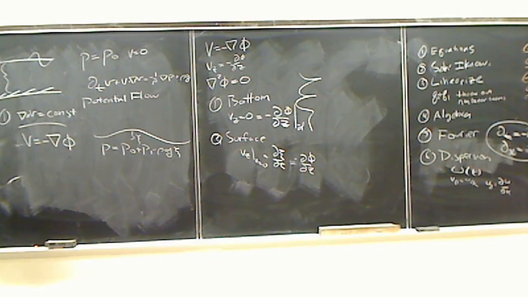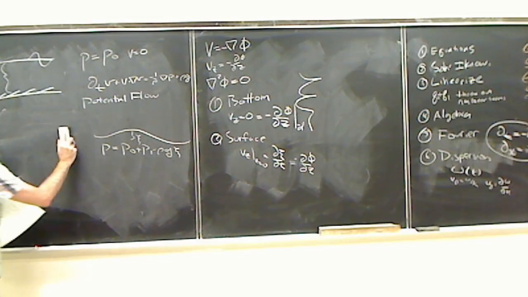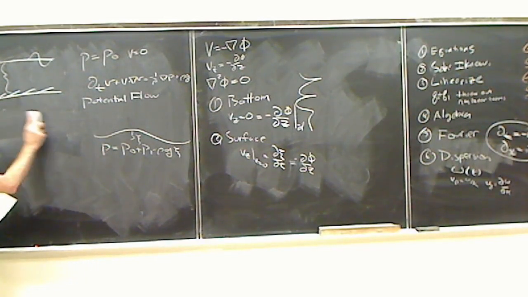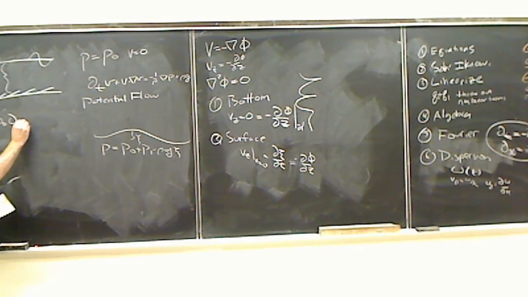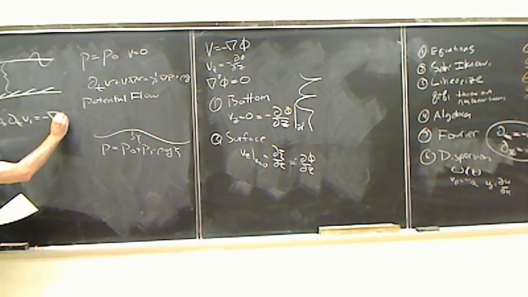So my linearized equation, so these are my boundary conditions. This is a thing that I'm going to use, which we wrote down up there. I'm going to need my picture for a second. So my linearized equation is going to be rho naught d by dt of v1 equals minus grad p1.